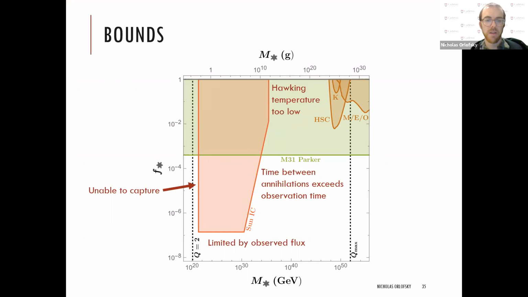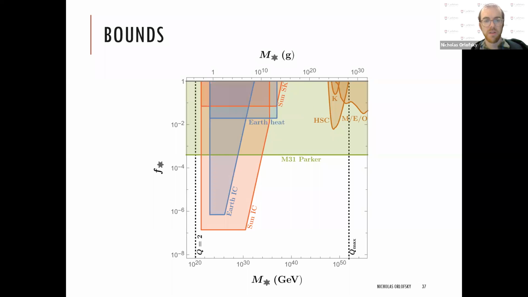If you have either more massive black holes or a smaller fraction of black holes being dark matter, then the time between annihilations exceeds the observation time, which for this particular IceCube study was 500 and some days, so about 1.5 years total observation time. That gives you a sense of where it becomes more sporadic.